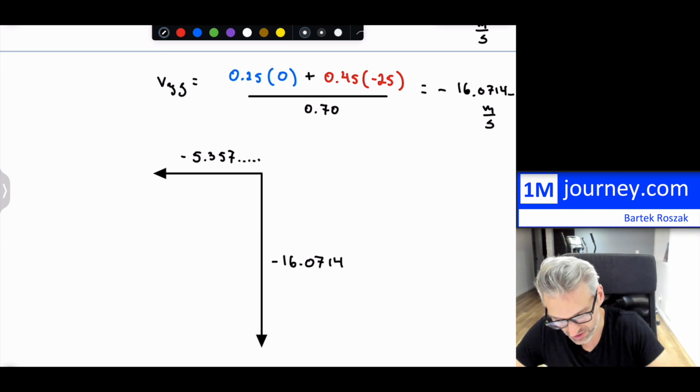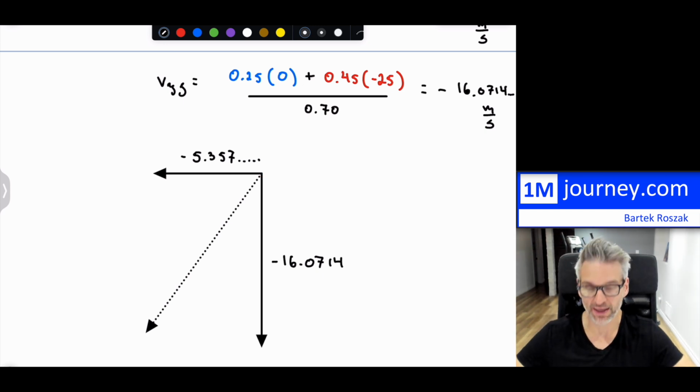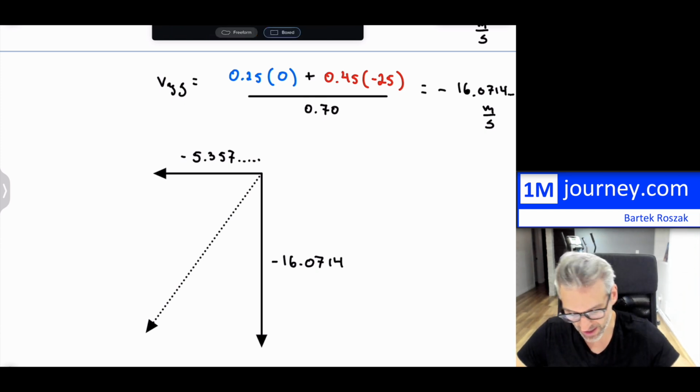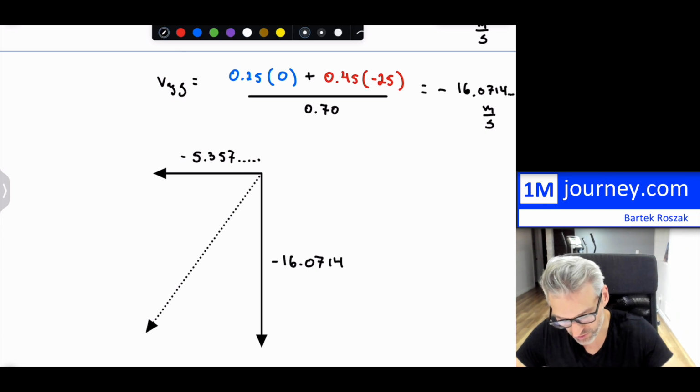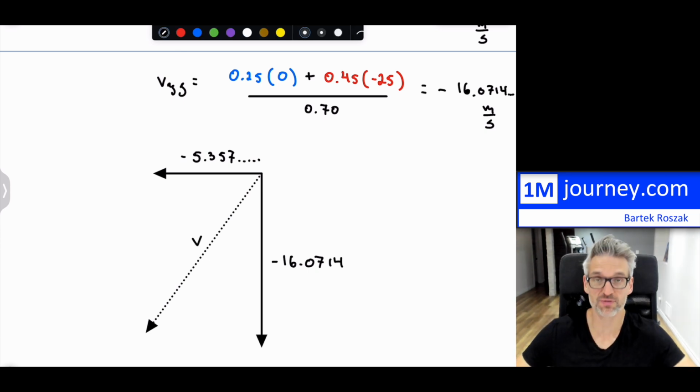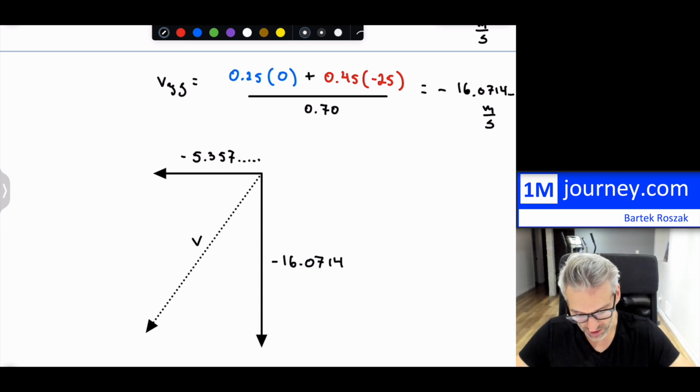And now your resultant vector is the vector that we would have right here. And then we would basically just use the Pythagorean theorem. If we want to know what the magnitude of this final v is, I'll just call it v in there.